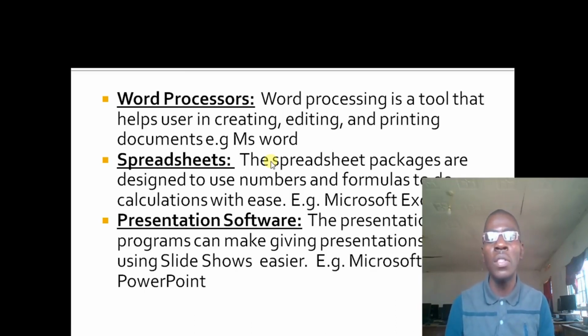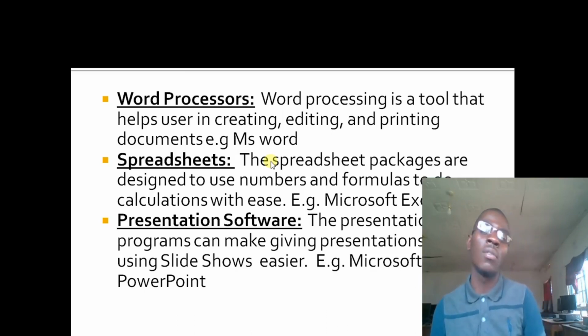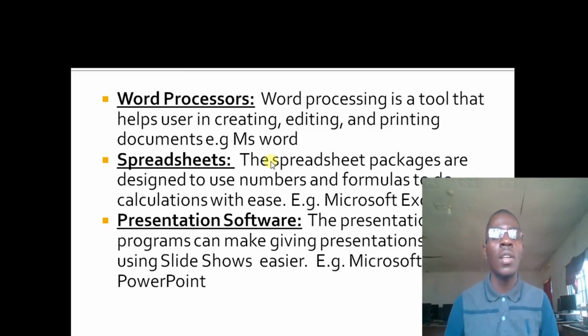Then printing, that one is producing a hard copy from a soft copy. Then saving, of course, is to store the document for future use. So that is one of the examples of word processor. There are many, but for our case we shall only learn Microsoft Word.